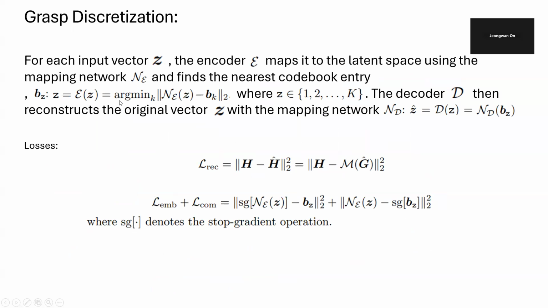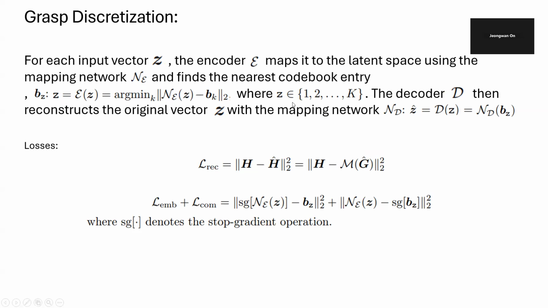For each input vector Z in the architecture, the encoder E maps it to the latent space using a mapping network N, and finds the nearest codebook entry B, where the index is 1 through K. K represents the number of codebook entries here.